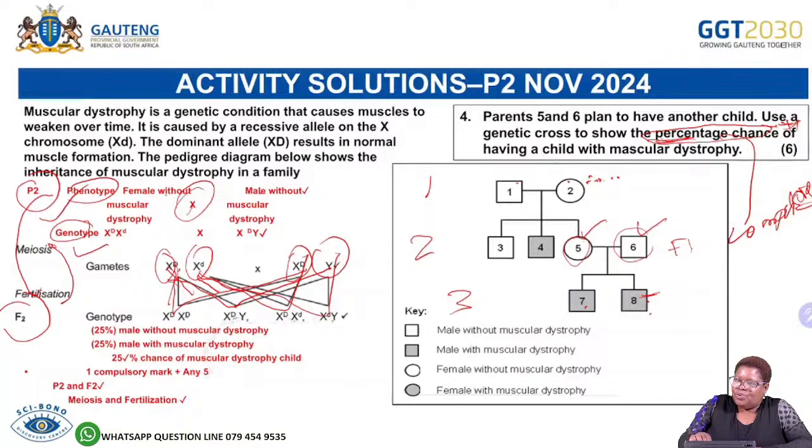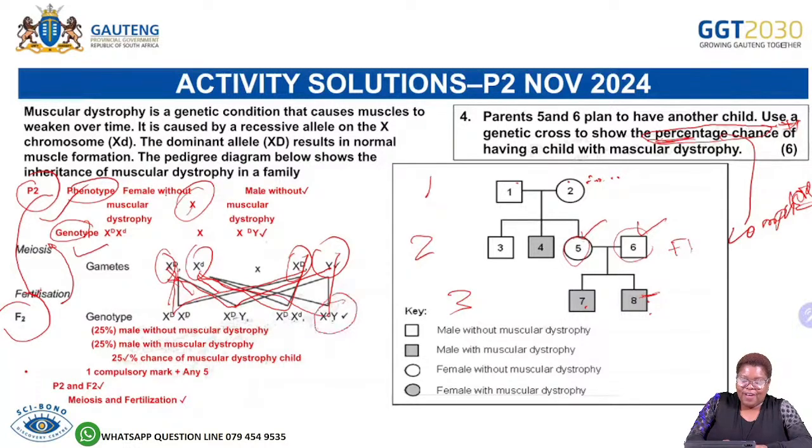What about those 2 males? Remember, we must answer the question that shows the percentage chance of a child having muscular dystrophy. So this child that is going to have muscular dystrophy is only 1, like you see here. So how do we calculate the percentage there? 1 out of 4 is 25% chance of a male with muscular dystrophy.